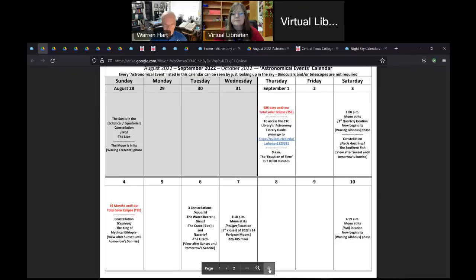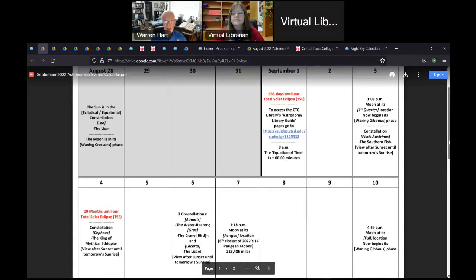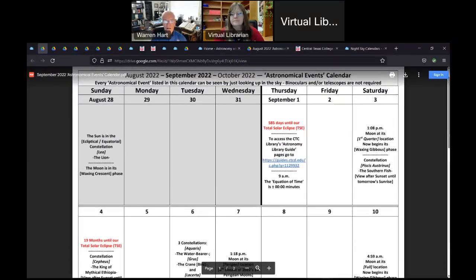In the evening sky it looks like the moon is half and half. The right side will be illuminated, and we see the reflection of sunlight off the surface of the moon, and the left side is its dark side, with no sunlight there.